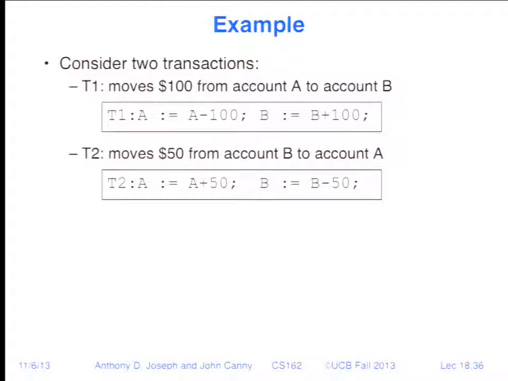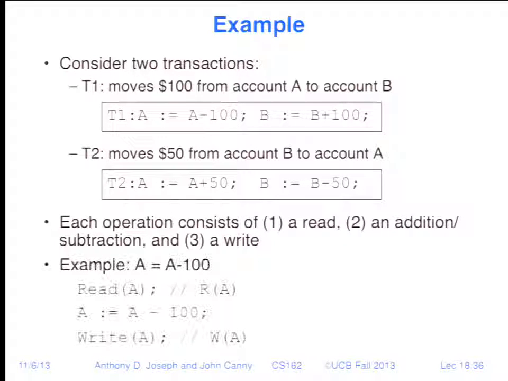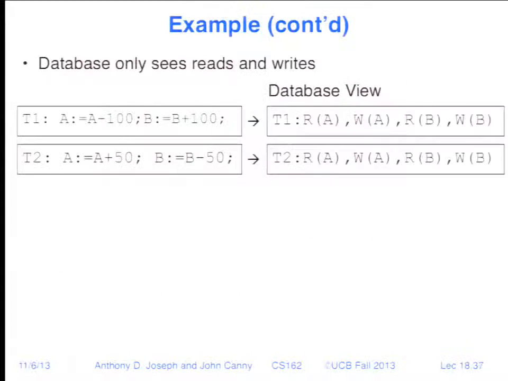You can see them represented there as 2 steps. Each of the updates, these individual expressions, comprises a read and then an addition or a subtraction and then a write. So if we want to decrement A by $100, we've got to read it first, then perform the subtraction, and then finally write the updated value.